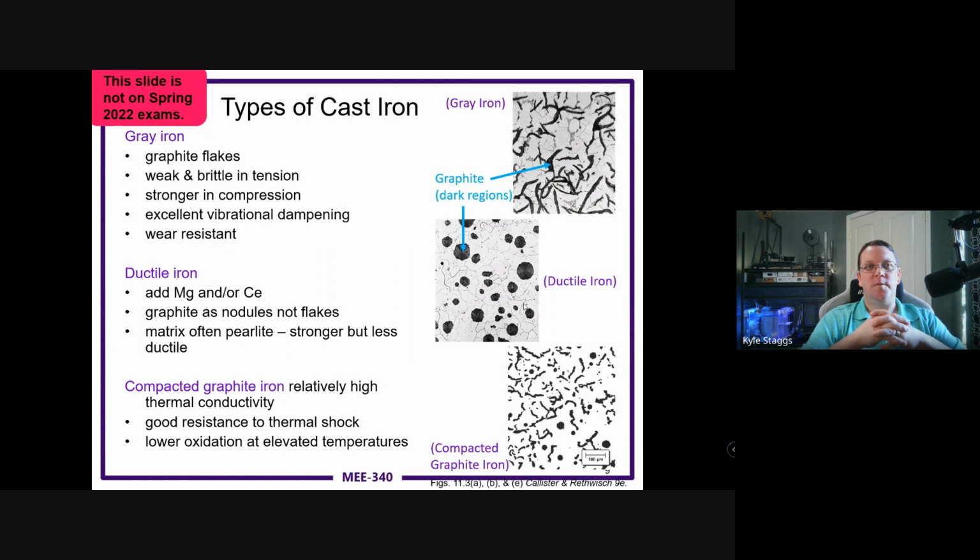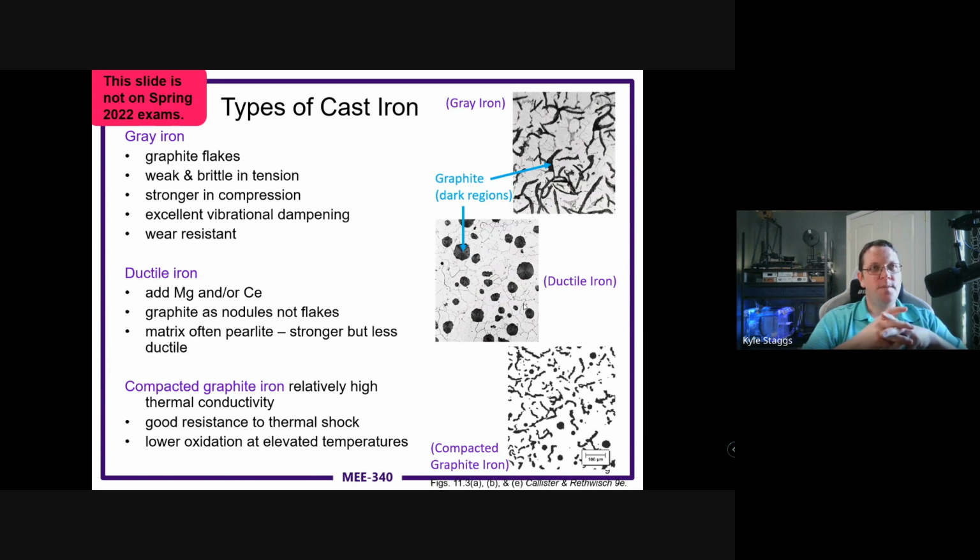And that's why Harbor Freight gets away with things, is that material is pretty strong, but not in tension. So there's a lot of applications, like you wouldn't want a cast iron chain. That would be a really terrible idea. They used to make them, but that was because they didn't have a lot of other choices in the steel development early on.